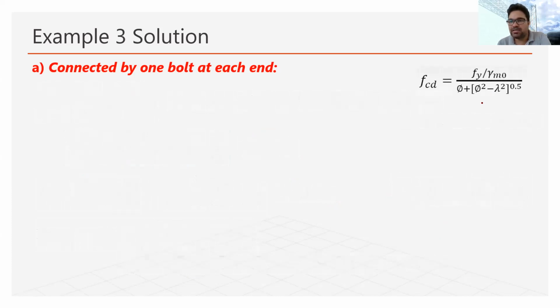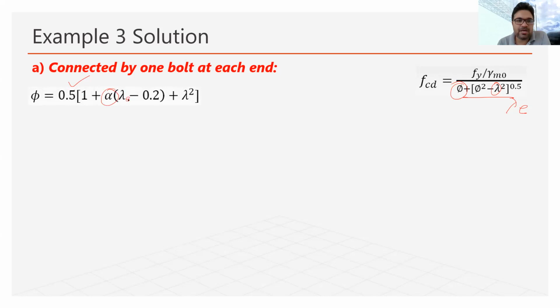You can see here the FCD formula is here. In the FCD formula, lambda is actually lambda E, but here we are also required to find out the phi value. As we have done in the first example, the same process we will follow here. The phi value is again given in the IS code, and that formula is this one. Again in the formula we are required to find out alpha.